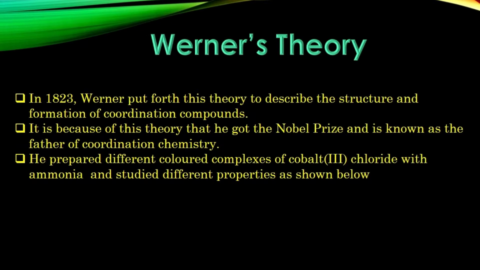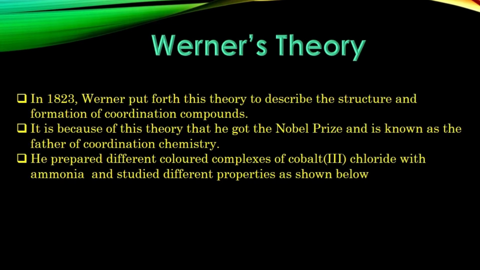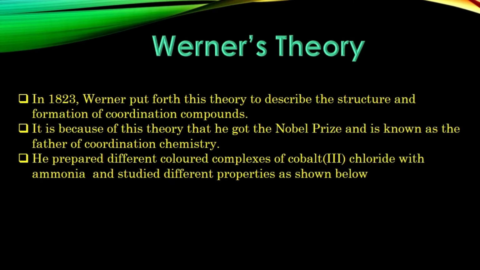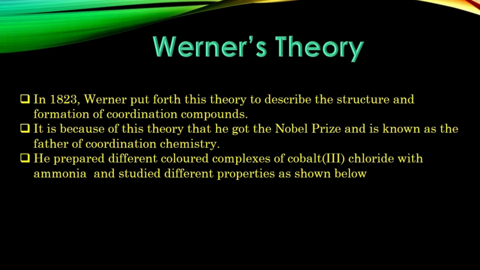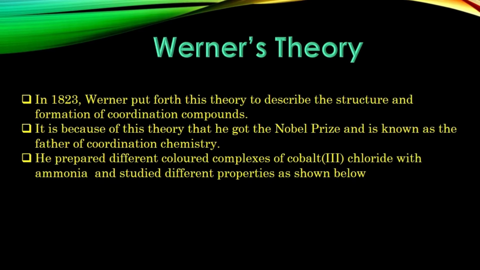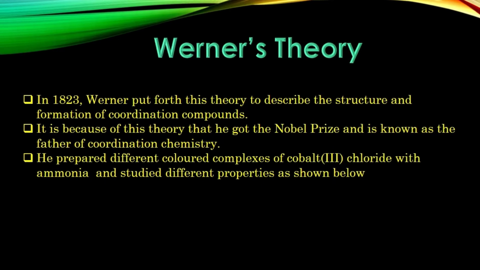Werner prepared a large number of coordination compounds and studied their physical and chemical behavior by simple experimental techniques. He also mixed cobalt(III) chloride with ammonia and prepared around 4 coordination compounds and studied their properties.